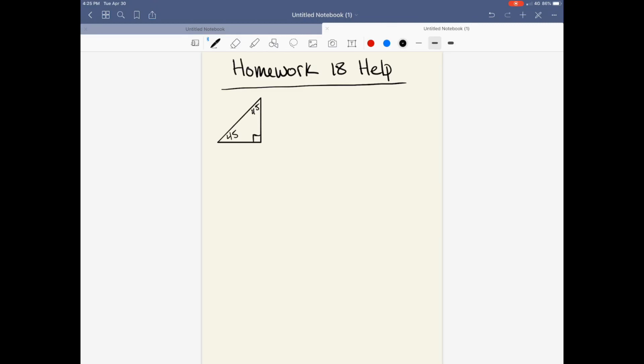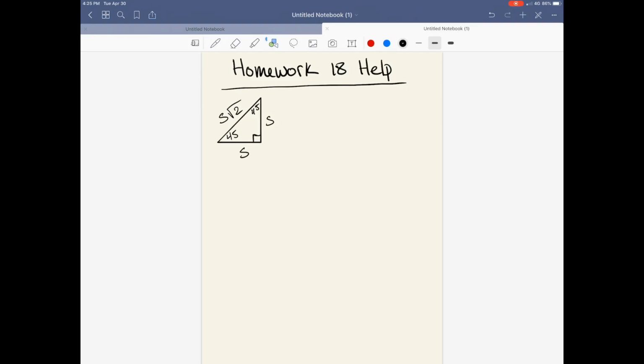Remember that the two legs are congruent here. In our key concept, they call them S because they're sides. So these two sides are congruent, and then the hypotenuse is whatever each side is times the square root of 2. Alright, those are the 45, 45, 90 triangles.